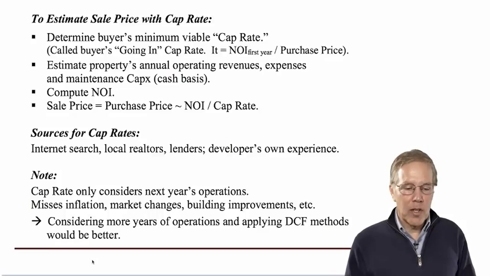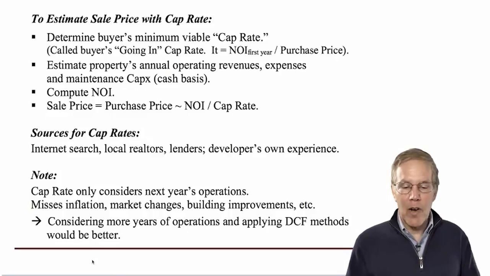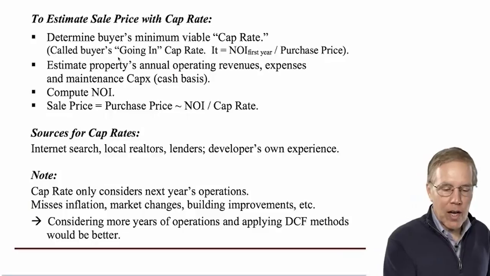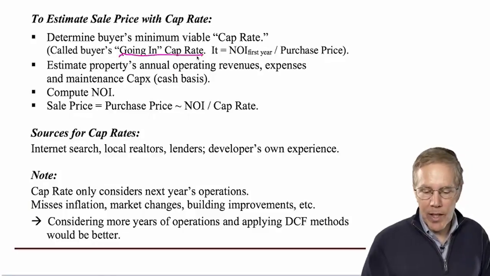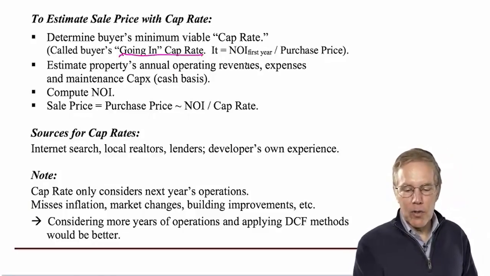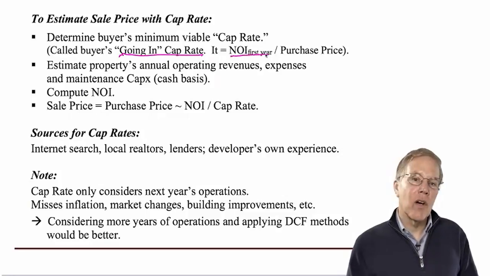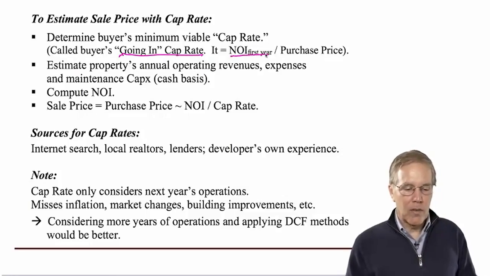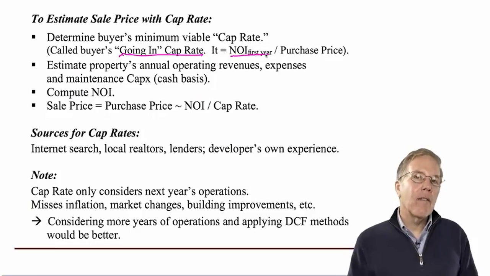So to estimate our sale price using cap rate, first of all, we're going to have to guesstimate our buyer's minimum viable cap rate. That's called the buyer's going-in cap rate, and it's equal to what they think their net operating income is going to be in the first year divided by their purchase price. Buyers are going to have an idea.